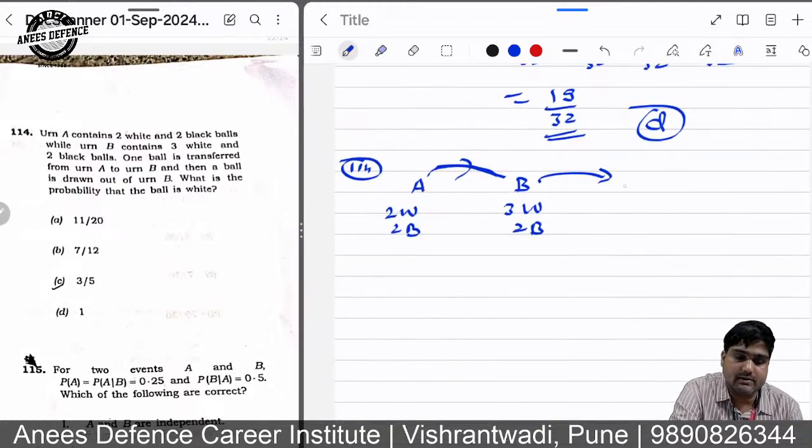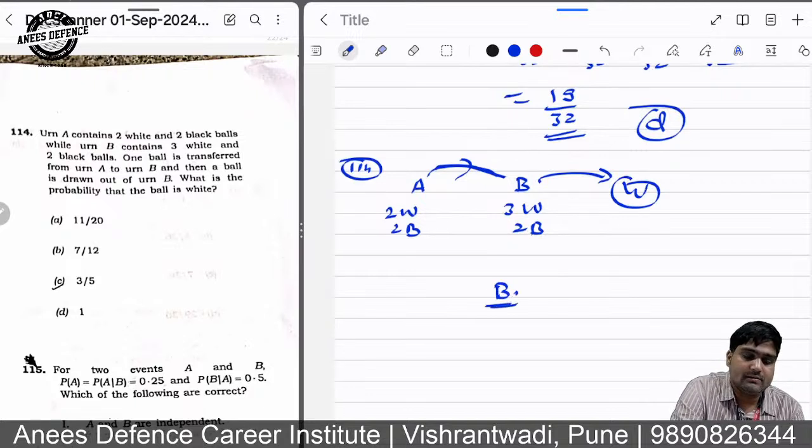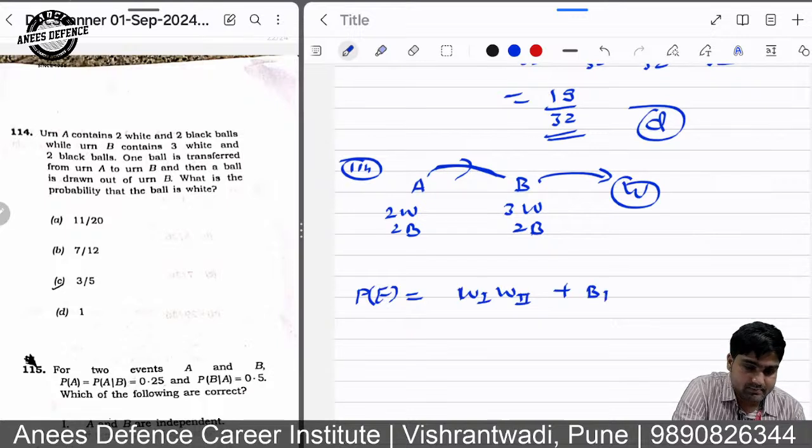We need the probability of getting the white ball. That means the second ball is white, so the first ball can be anything. It may be white, it may be black. The second ball is white, so we abbreviate it W2. First can be white, first can be black, but second is white.